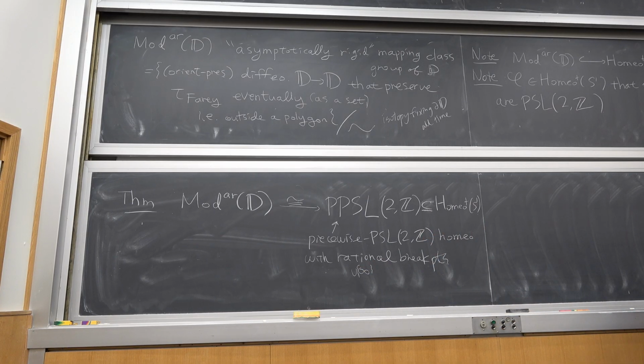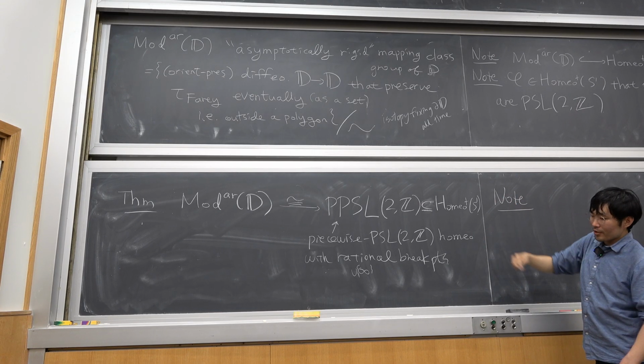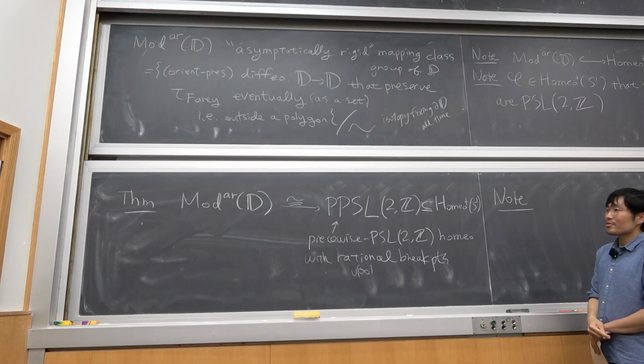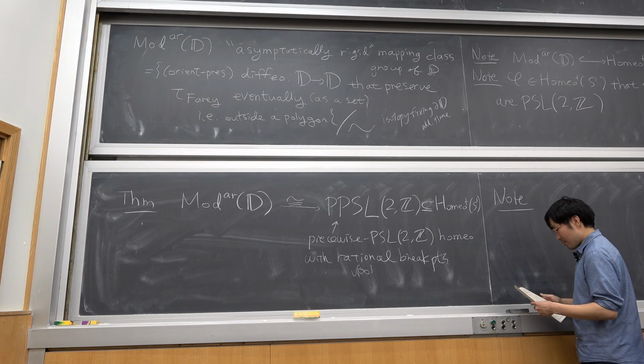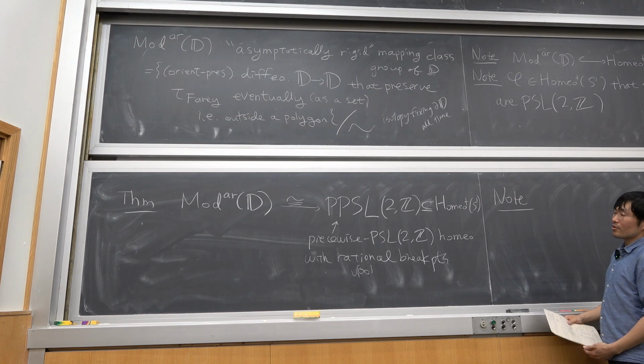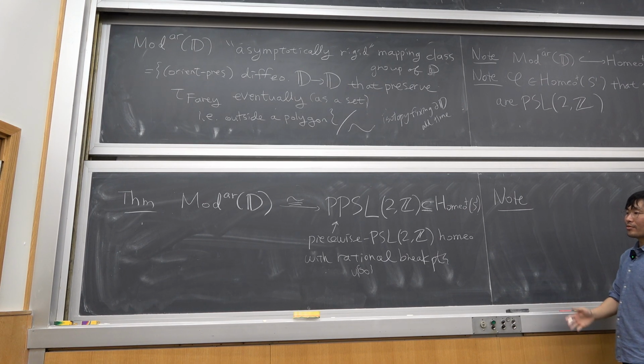And note that the whole title of the conference is piecewise linear, but this is not piecewise linear. But you had an idea from Yash's talk that piecewise PSL2Z can be translated into piecewise dyadic affine.